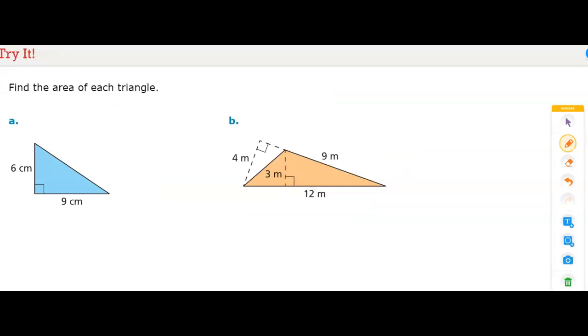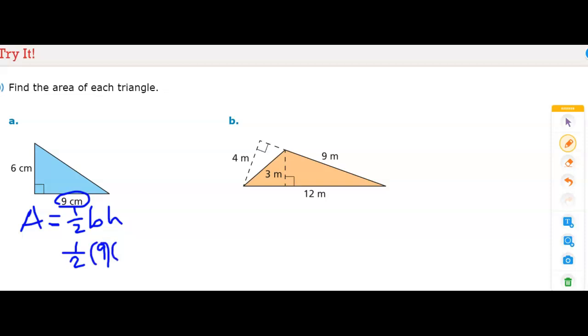Find the area of each triangle. We have A, 6, and 9. So we have our formula, area is equal to 1/2 times base times height. And so the base could be 9, so we're going to substitute the B for 9.